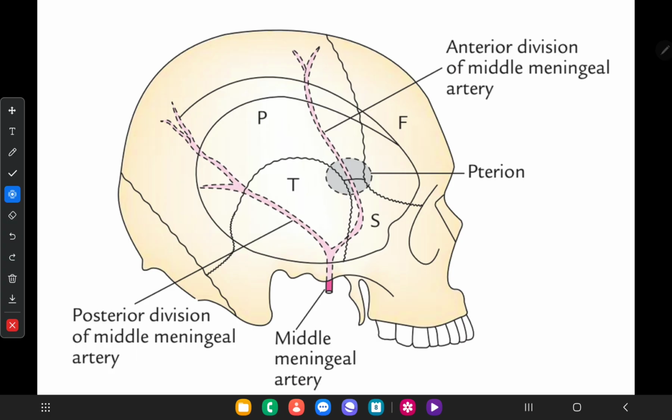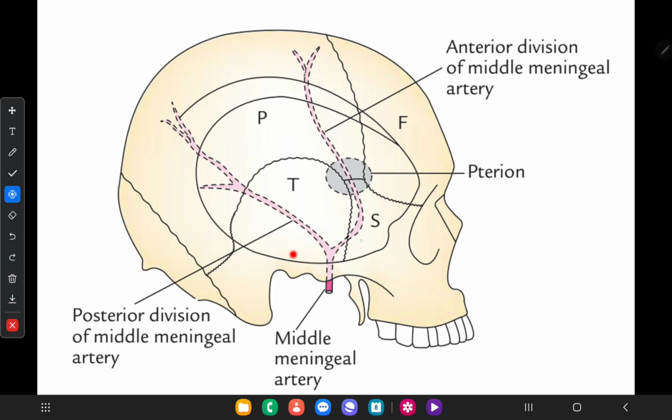And then it divides into two main branches, the anterior division and the posterior division. The anterior division is also called the frontal branch, and the posterior division is also called the parietal branch. This division is on the greater wing of the sphenoid bone.